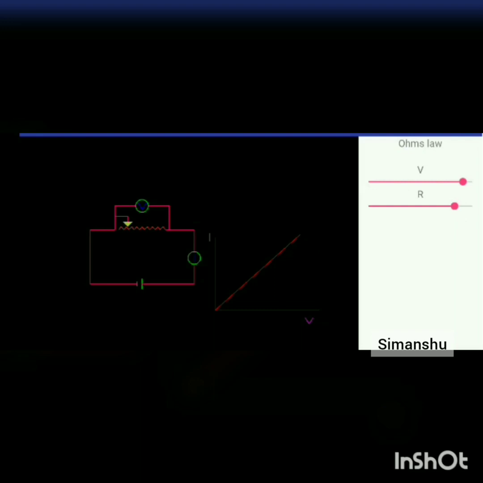It means here we are getting more resistance, high resistance. Okay, so the main purpose of this experiment was to show you that the more the voltage, the more the current. Further I am going to decrease the voltage. You can see the value of current is also decreasing, isn't it?